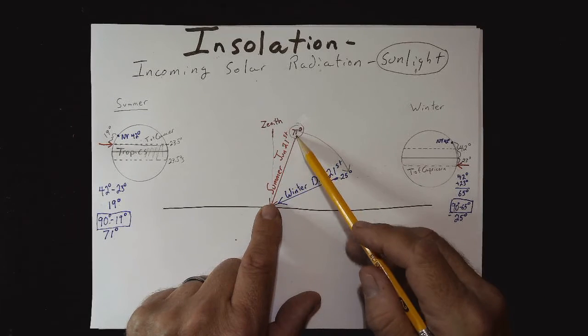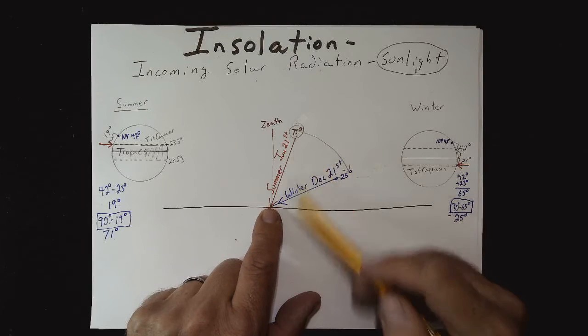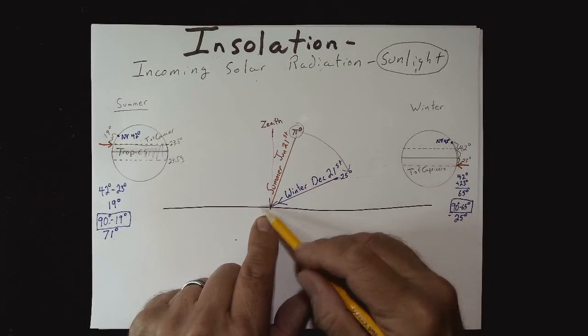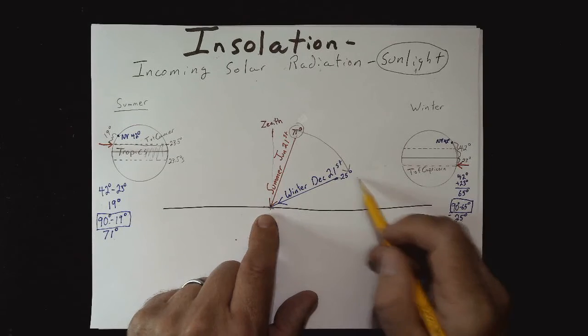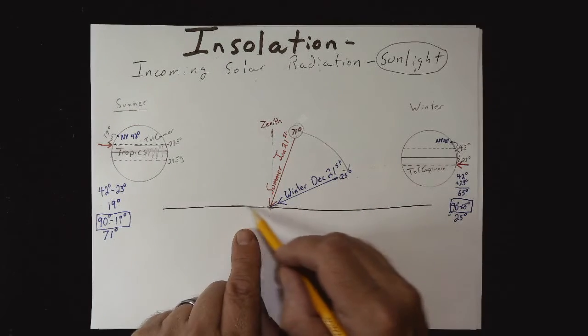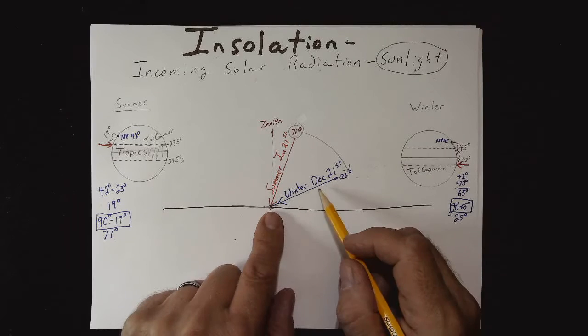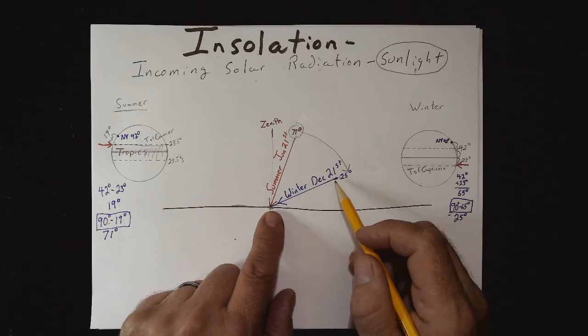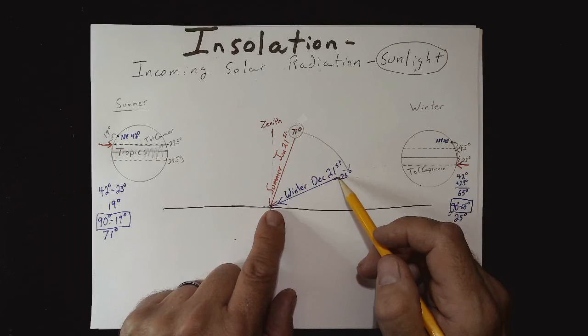Well, when the sun is directly overhead, it warms you up fast. A lot of its heat is directly onto the ground, and it heats it up. This time of the year, the heat is spread out over a much larger area when it hits at that low angle, and it doesn't warm us up very much.